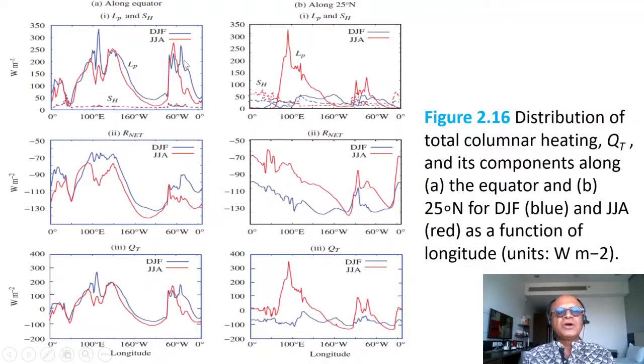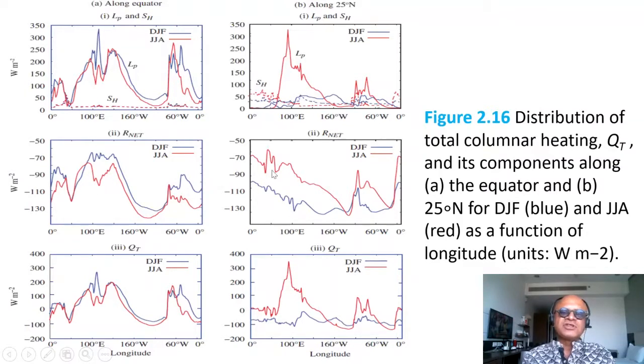So in the Atlantic region or Amazonia, it shows some seasonality as well. Whereas if you go to 25 north, you will see the strong seasonality of the East Asian monsoon producing massive heating in the Indian Ocean sector, essentially during the summer, whereas the heating is not that significant anywhere else along that latitude band.